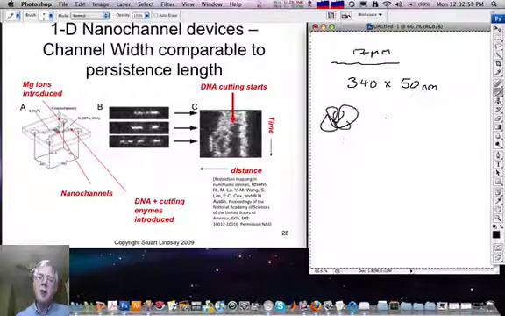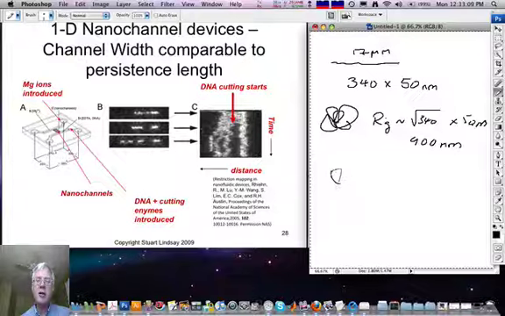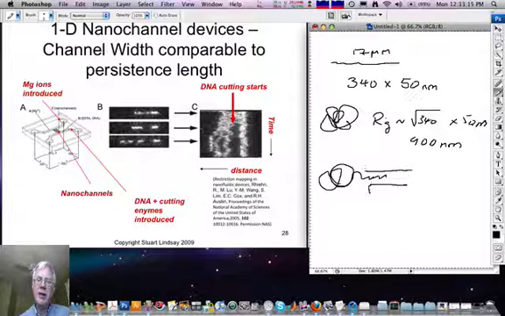This means that the radius of gyration, i.e. the root mean square end-to-end length, is approximately the square root of 340 times 50 nanometers, or about 900 nanometers. This is large compared with the channel size, and therefore this coiled-up DNA must become stretched out when it enters the nanochannel.